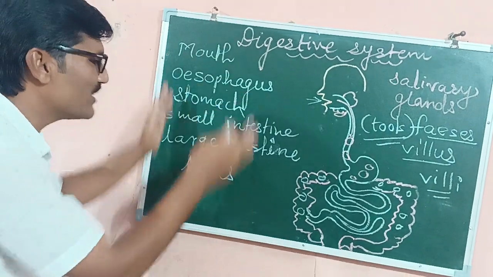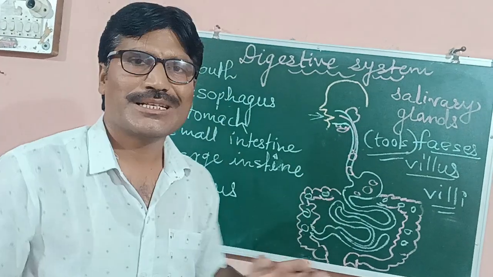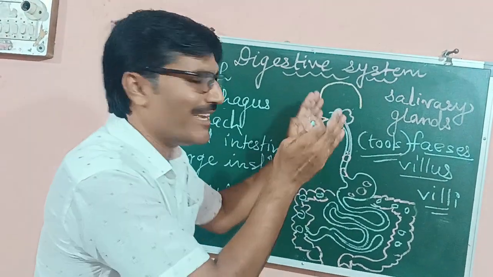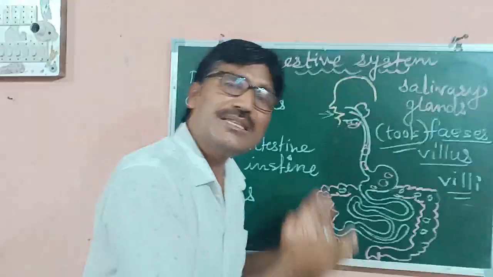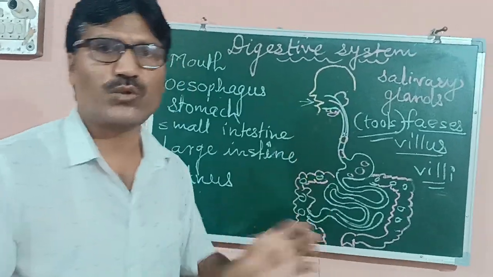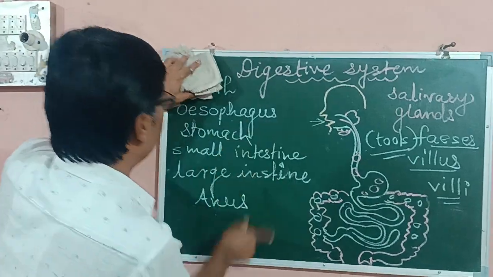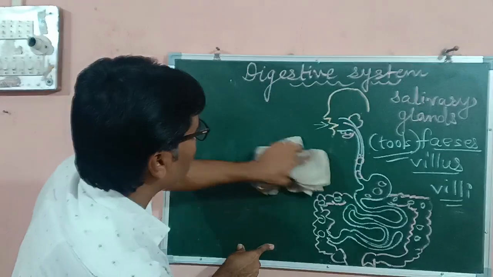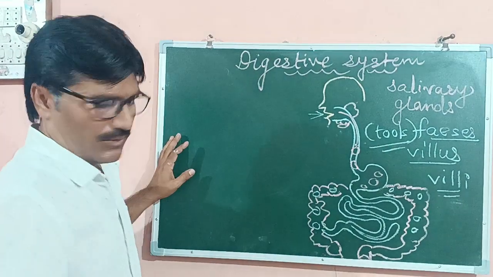Now I will erase all these names so that I can explain it properly, because the remaining part of this alimentary canal, of this digestive system, is some of the glands which remain. So let me erase.